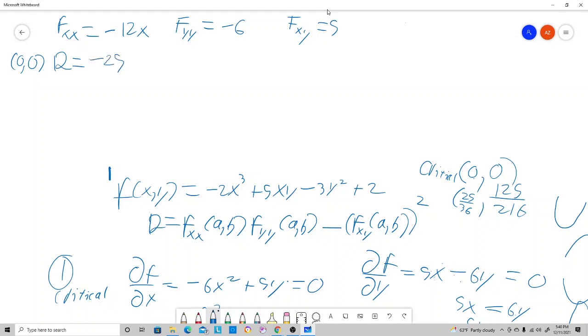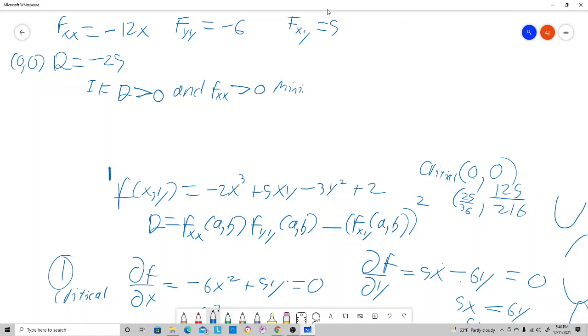Okay, so these are the rules. If D is greater than 0 and fxx is greater than 0, then we have a minimum.